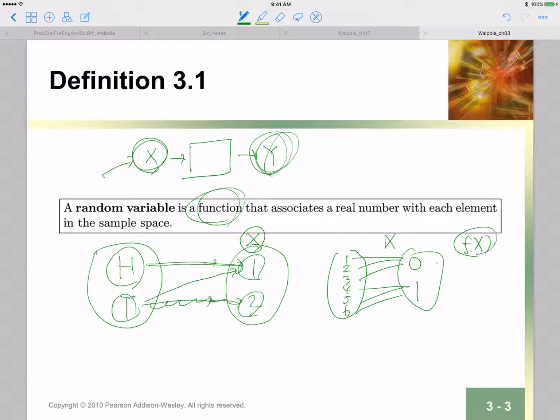So we can consider another function f of x that indicates the probability of each random variable value. We have two different random variable values, and their probability values will be 0.5 and 0.5.